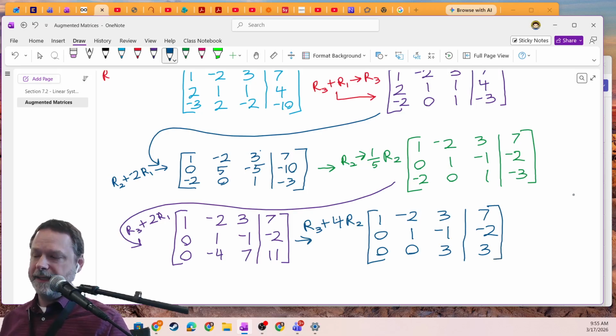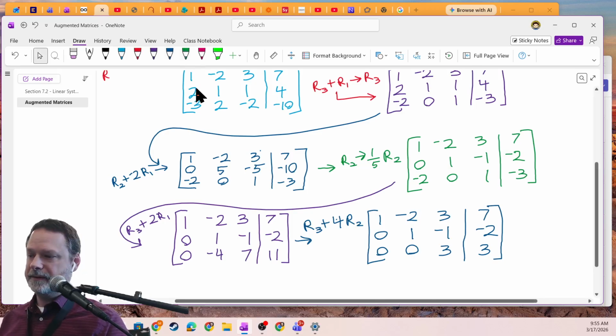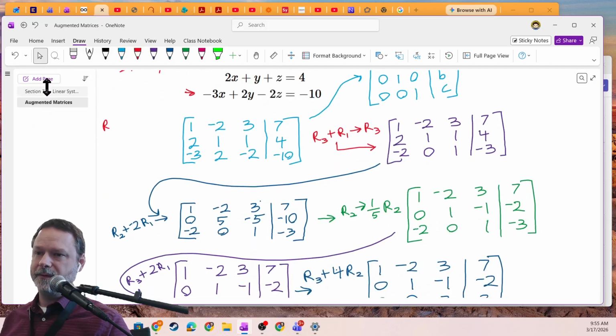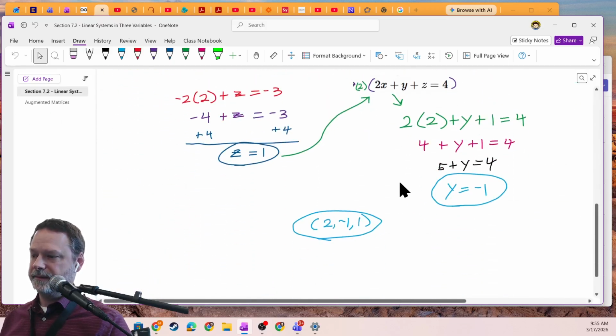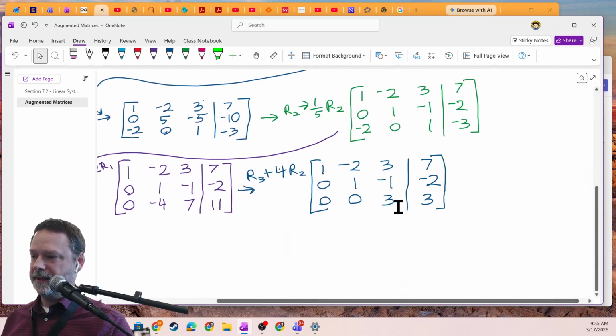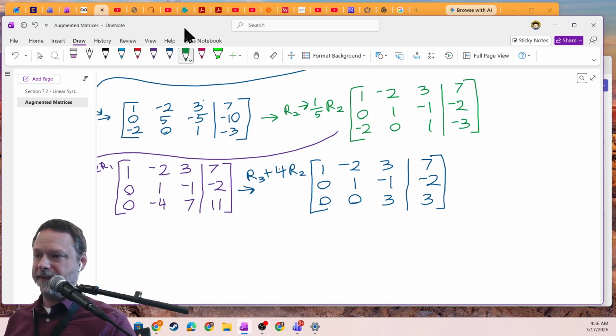We know it's 2, negative 1, 1, right? Because we did it right here. We should get x is 2, y is negative 1, z is 1. And you can see now, right here, 3z equals 3, z equals 1. So we are getting the same answer. It is working.